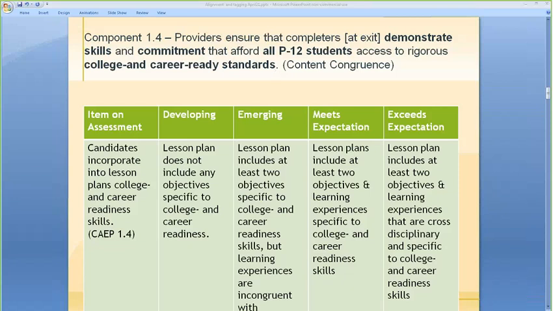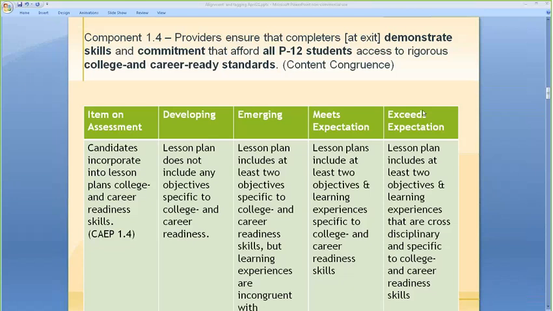So here's an example of an assessment item that is aligned, purportedly, to CAPE Standard 1, Component 1.4. The item on the assessment was that candidates incorporate college and career readiness skills into their lesson plans.